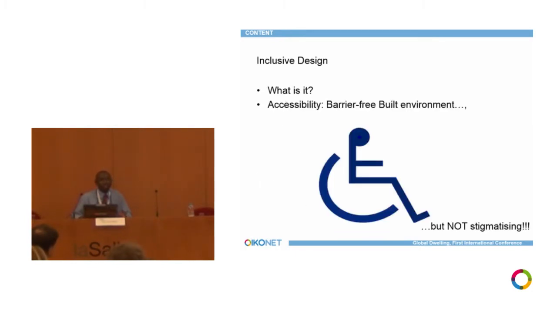Inclusive design, while it is trying to address accessibility in the built environment for those that have limited mobility, should not be seen as a stigmatizing factor. It should not stigmatize any user group.